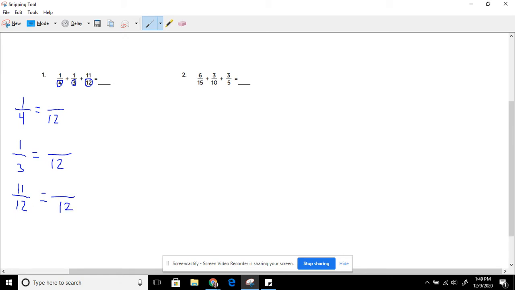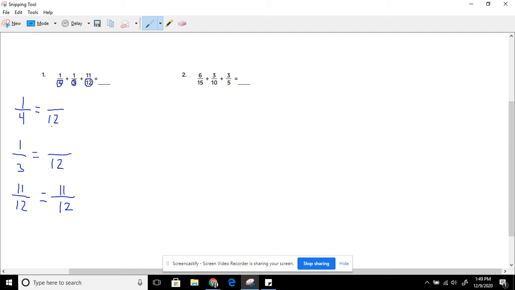And we're lucky here because 11/12 already has a denominator of 12, so this fraction actually can stay the same, okay? But 1/4 and 1/3 need to be turned into fractions with the denominator of 12.